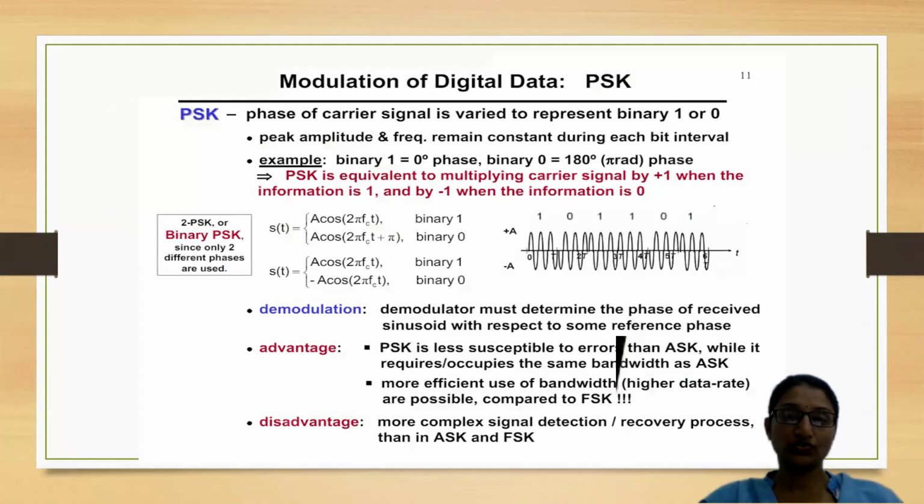More efficient use of bandwidth. That means the bandwidth of PSK is lesser than FSK, and it is almost equal to ASK. Coming to the disadvantage, more complexity in the detection or recovery process than ASK and FSK.